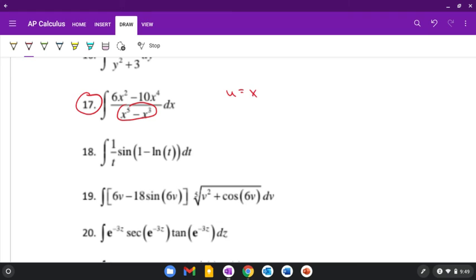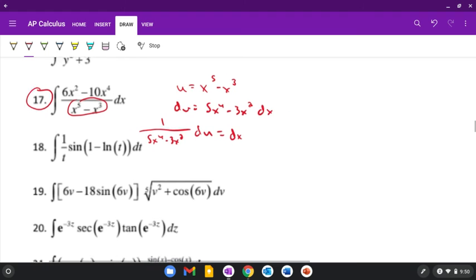U is going to be x to the 5th minus x to the 3rd. So then du is going to be 5x to the 4th minus 3x squared dx. And then solving for dx, it's going to be 1 over 5x to the 4th minus 3x squared du.